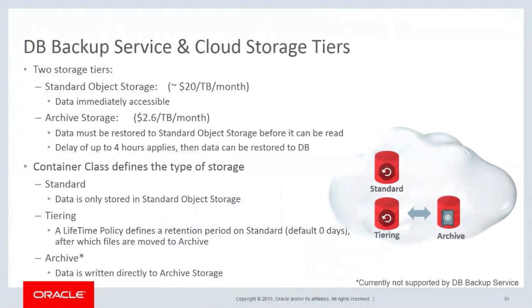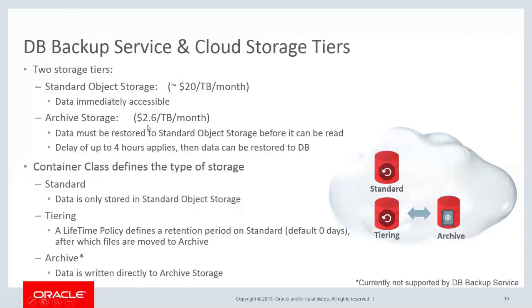So we have 2 storage tiers, as mentioned: standard object storage and archive storage. The cost for object storage, this is the object storage infrastructure cost only, is around $20 per terabyte per month for standard object storage.